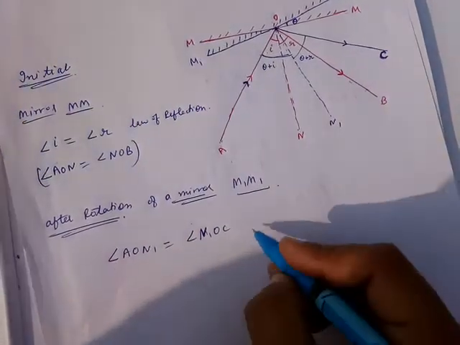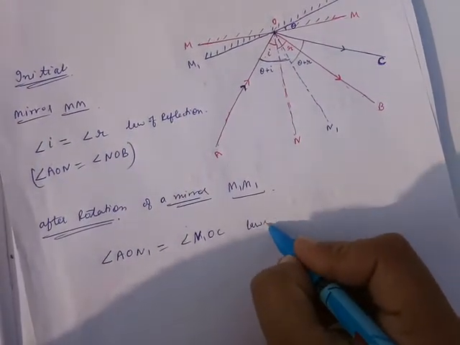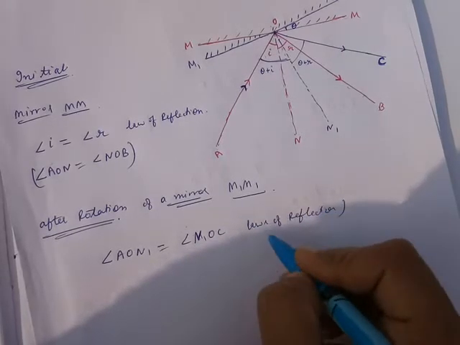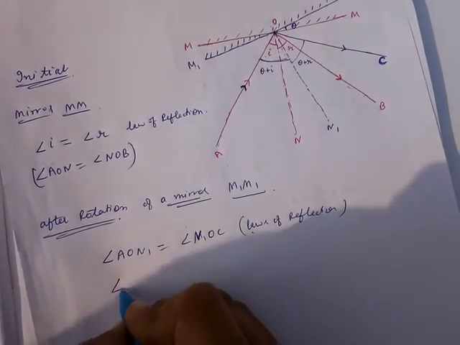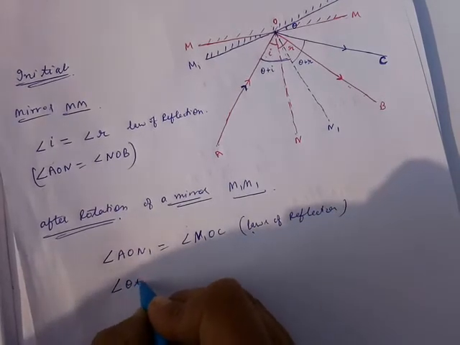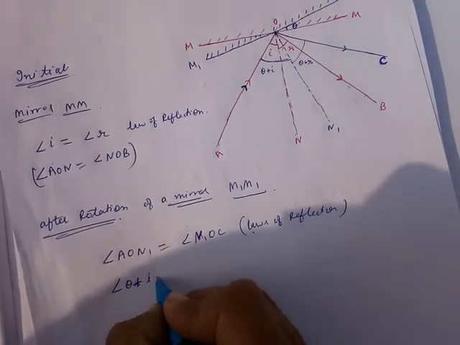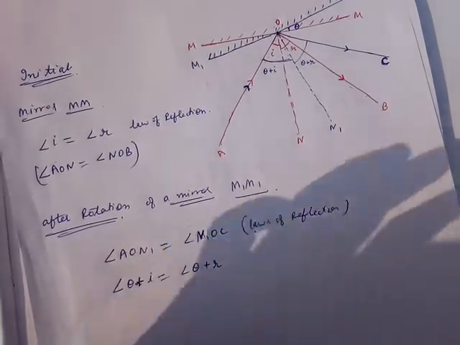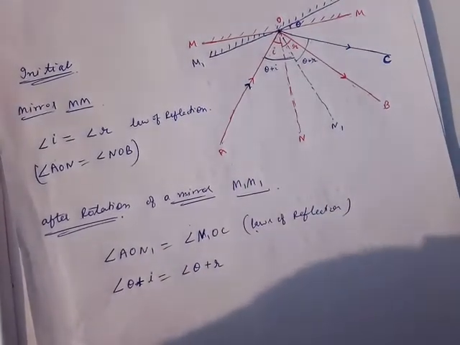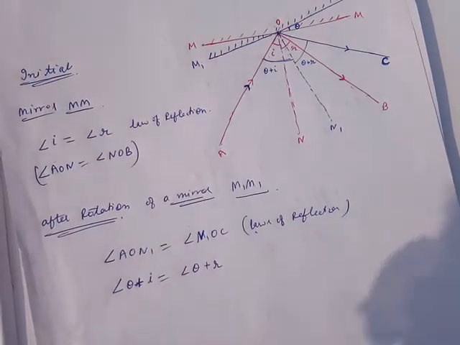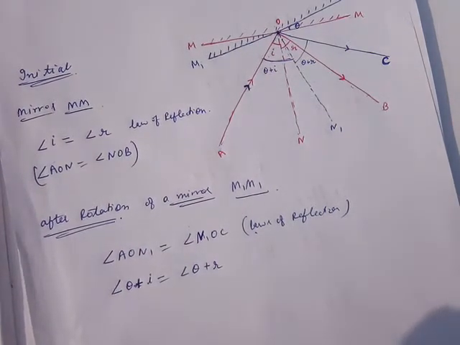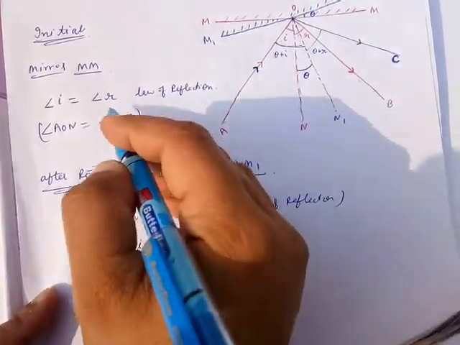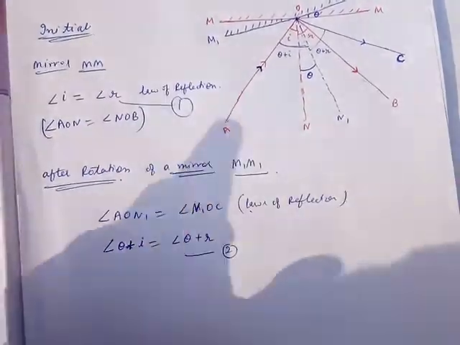Why? Because of the laws of reflection. It means angle theta plus I is equal to angle theta plus R. Let this be equation number 2 and the earlier one be equation number 1.